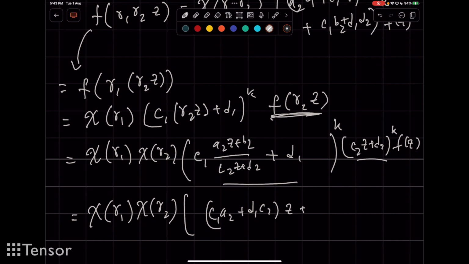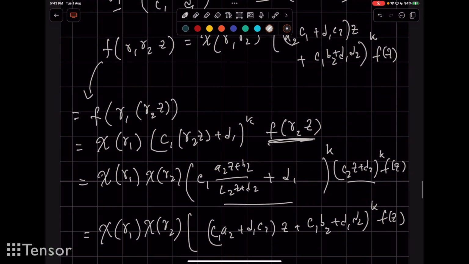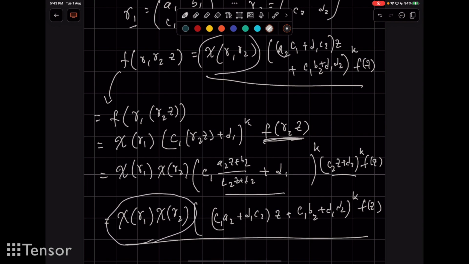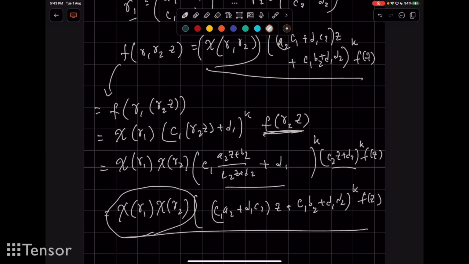C1B2. f of z, right? So now if we compare this expression and this expression, we get that chi of gamma 1 gamma 2 is exactly equal to chi of gamma 1 times chi of gamma 2. So indeed chi is a homomorphism, so our proof is done.